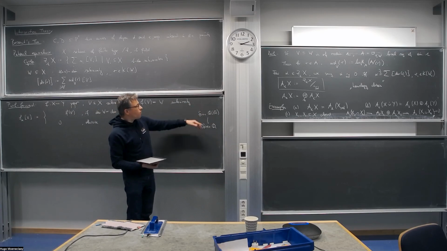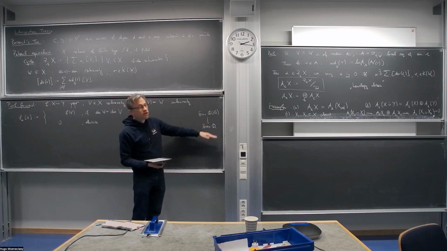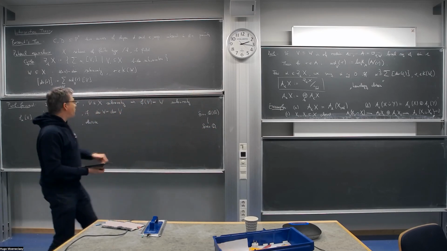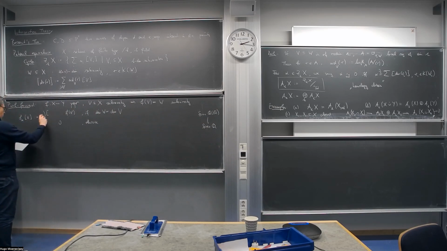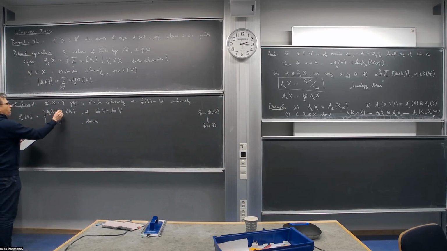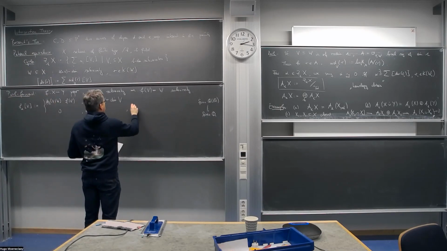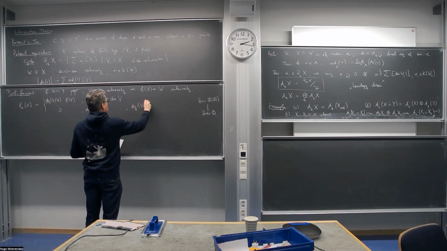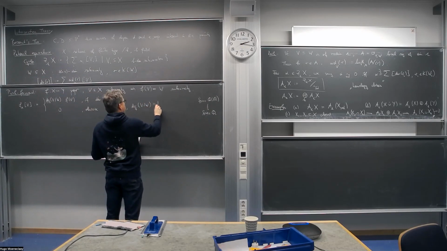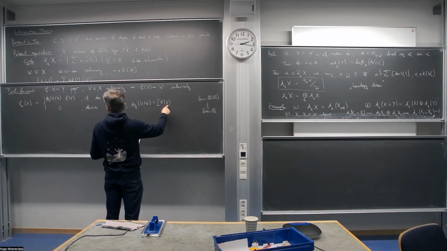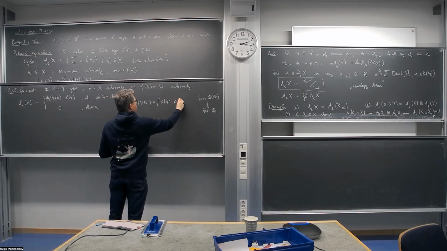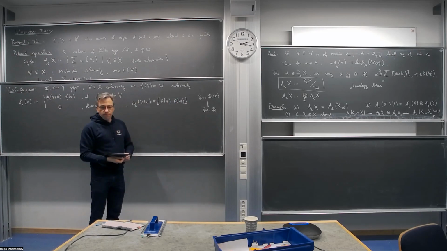Or more geometrically, when I have a Galois cover, I should add the degree for finite maps. So I really need the degree of V over W, and we define the degree as the degree of the field of rational functions of V over the field of rational functions of W.